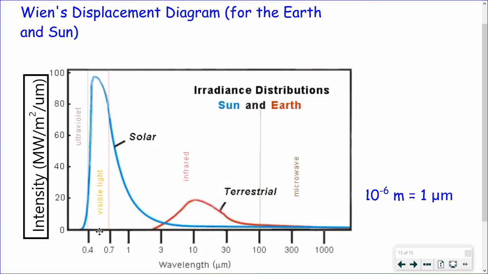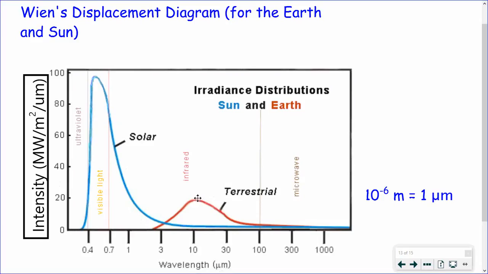That's why we can see the sun and see the energy being emitted from the sun, because the wavelengths that are being emitted are not only visible light, but any other sort of electromagnetic energy as well. But what we see is that visible light. Here's the Earth over here. The Earth will be a black body.